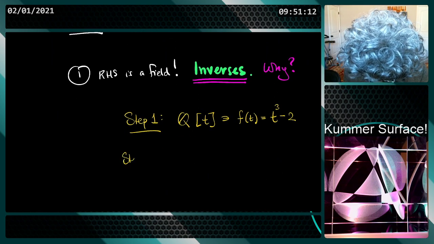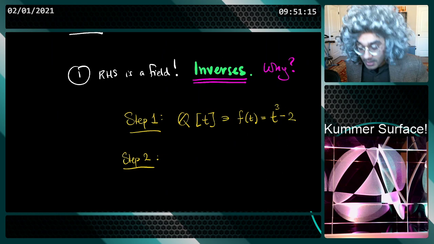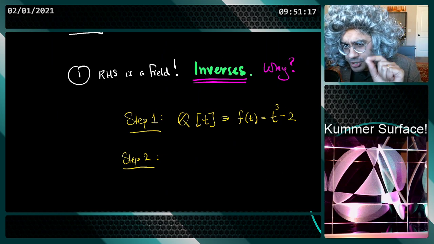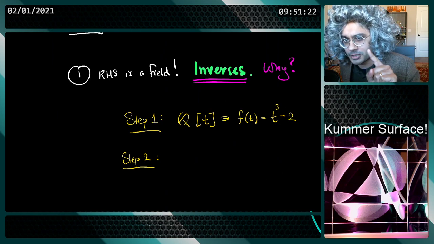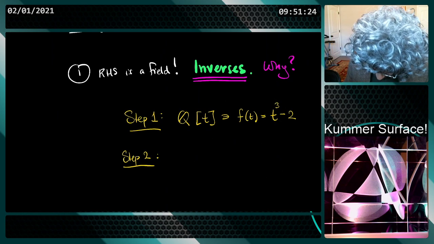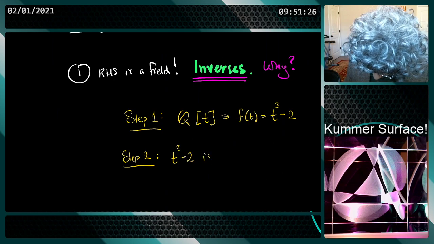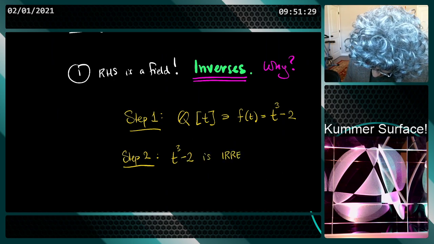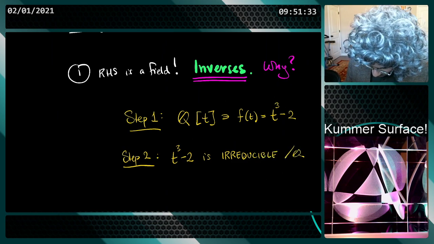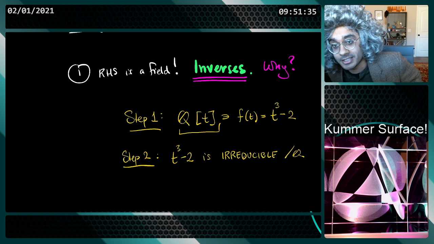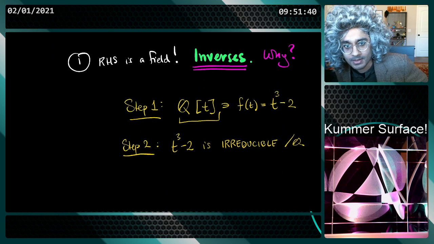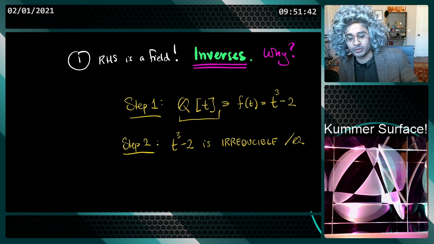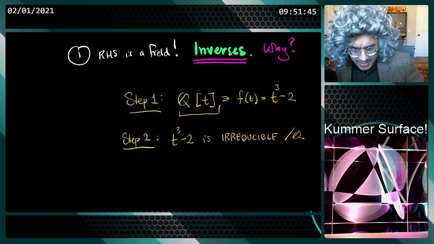Step 2: observe, crucially observe, that t cubed minus 2 is irreducible over Q. So it's an irreducible element in this principal ideal domain, Q adjoin t, the polynomial ring. Why?